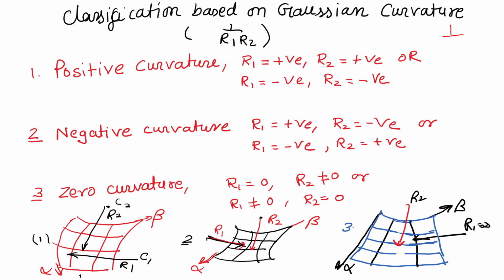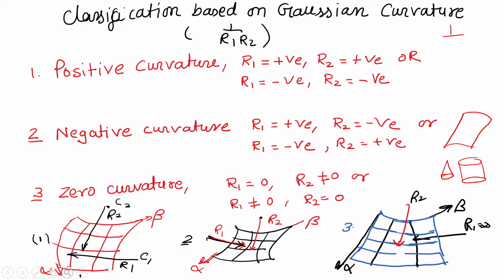Generally, zero curvature occurs where only one direction is curved, like in a cylinder or a cone. When there is curvature in one direction and the other direction is straight, this type of shell surface will have 0 curvature.